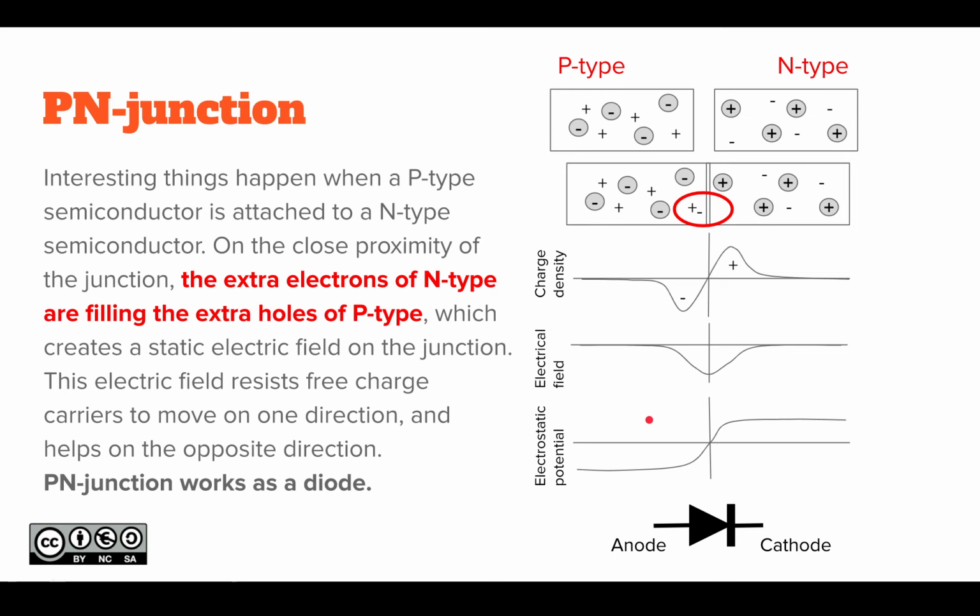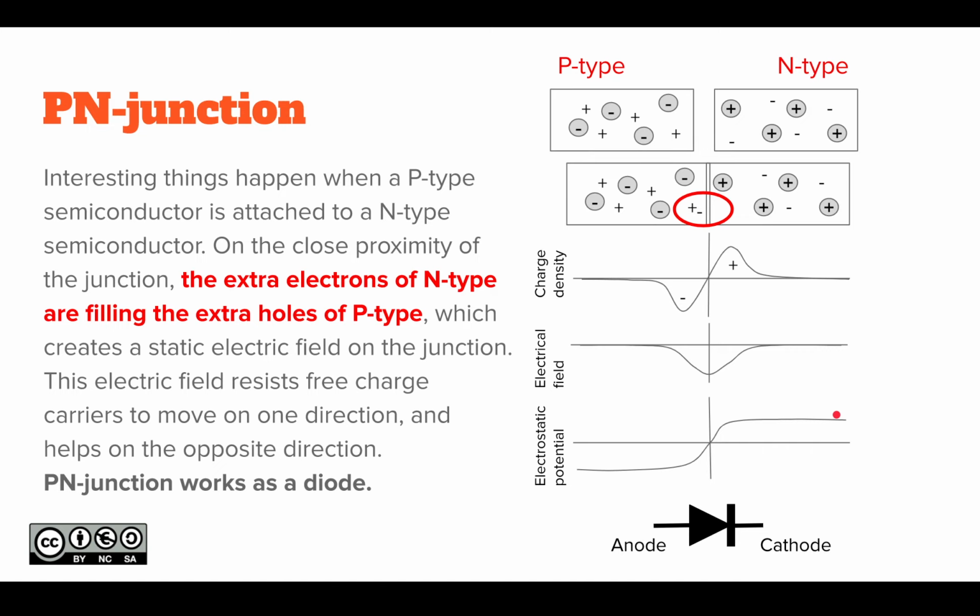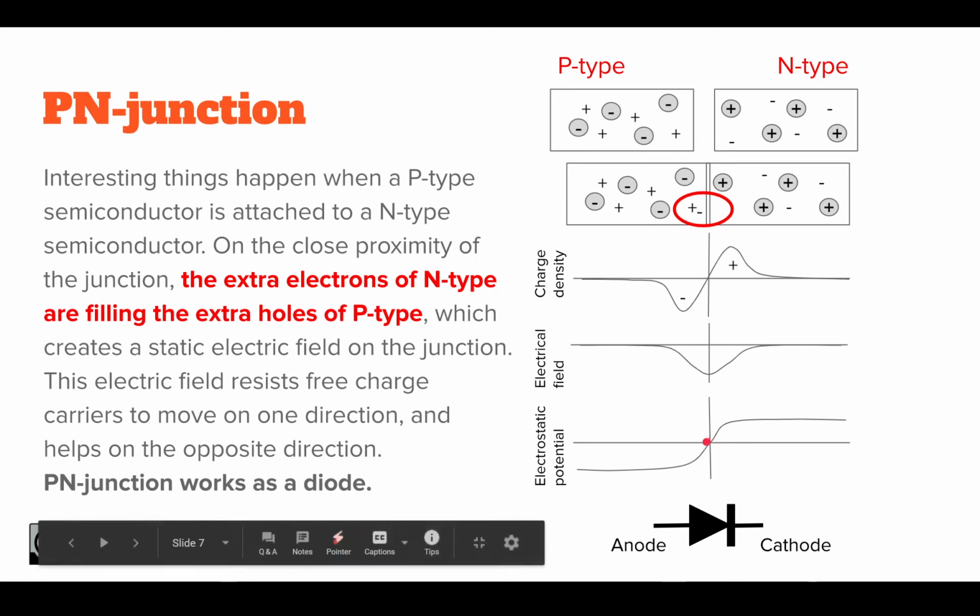From the electron's point of view, it looks like electrostatic potential energy, which means that if you bring an extra electron on the right hand side of this one, it likes to roll down this hill.